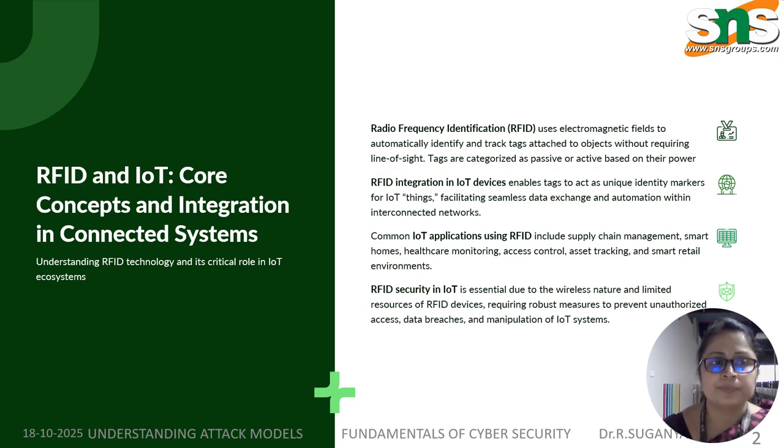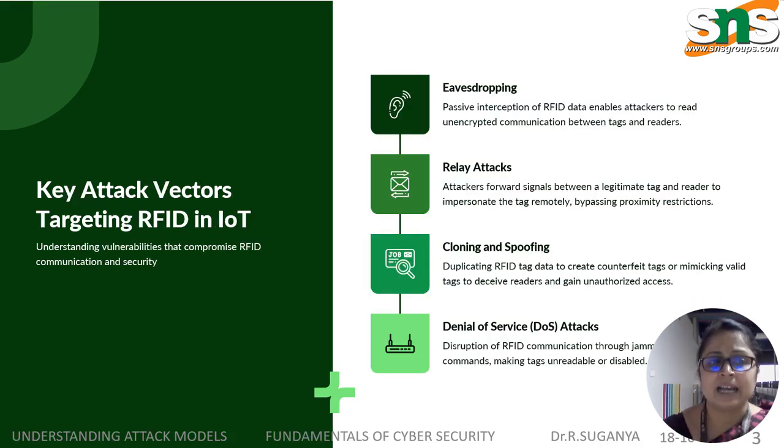Next is about key attack vectors targeting the RFID in IoT, like eavesdropping, relay attacks, cloning and spoofing, denial of service attacks. What is eavesdropping? Passive interception of RFID data, which enables the attackers to read unencrypted communication between the tags and the readers. That is called eavesdropping.